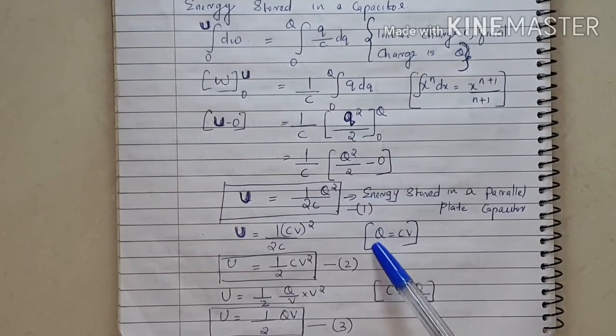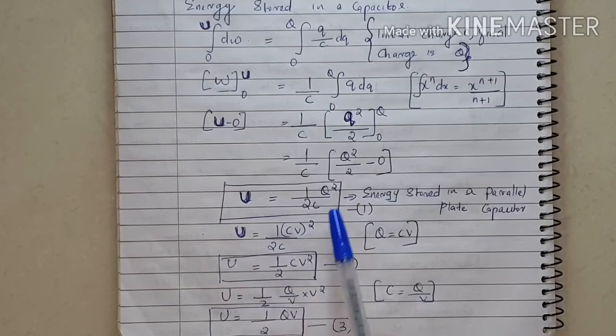As we know, Q equals C into V, substituting the value for Q, that is 1 by 2C, Q is CV, square means CV whole square, which becomes U equals 1 by 2, C gets cancelled. So 1 by 2 CV square.